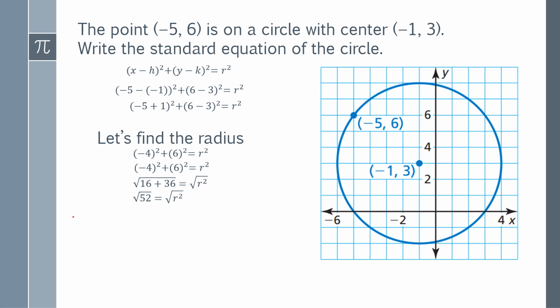When we break down 52, we get 2 times the square root of 13. So how did we get that? 52 breaks down to 4 times 13. And 4 is a perfect square of 2, so we leave the 2 on the outside and 13 on the inside. And that's where we got that from.